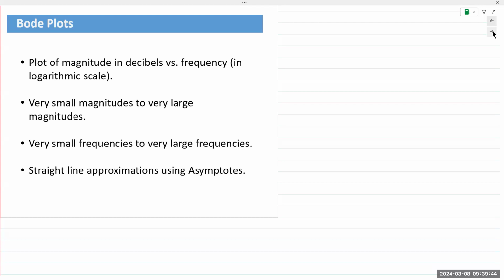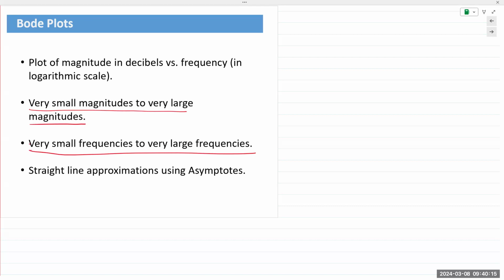If you try to plot that on a linear chart, it would be nearly impossible. You'd need paper about a mile long. So the problem was to plot very small to very large frequency ranges, and of course very small magnitudes to very large magnitudes. That was one of the challenges in trying to describe the functions of filters.